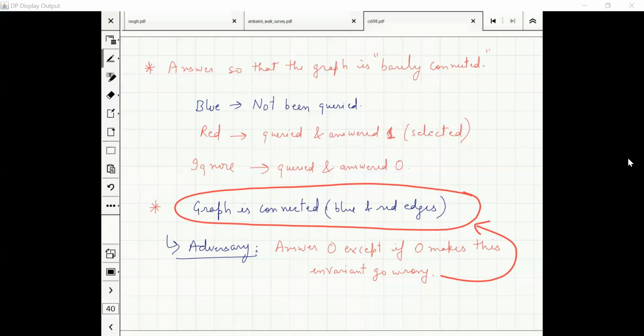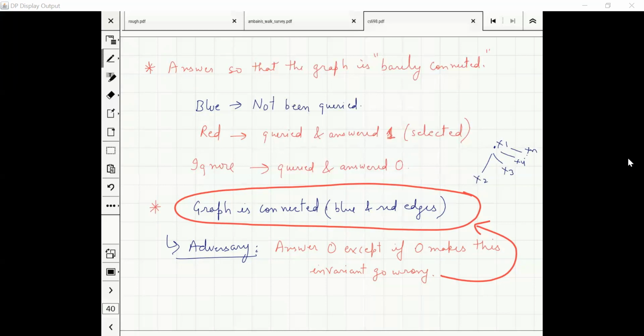Obviously, the initial few will definitely be zeros. Let's say one example would be, I have x1 and n minus 1 edges, and some algorithm tries to pick all the edges with x1 in the beginning. Then x1, x2, I will say 0, x1, x3, I will say 0, x1, x4, I will say 0.